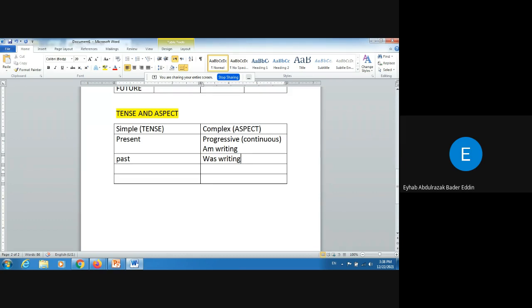Okay, doctor. Then we have the perfective. If we're talking about present perfect, then we're talking about has or have written.